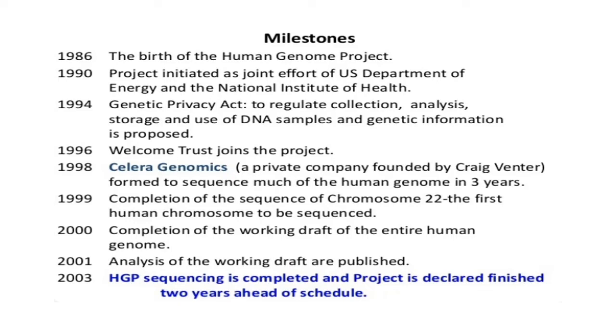In 1999, the sequence of chromosome 22, the first human chromosome to be sequenced, was completed. In 2000, the working draft of the entire human genome was completed. In 2001, analysis of the working draft was published, and in 2003, HGP sequencing was completed and the project was declared finished 2 years ahead of schedule.